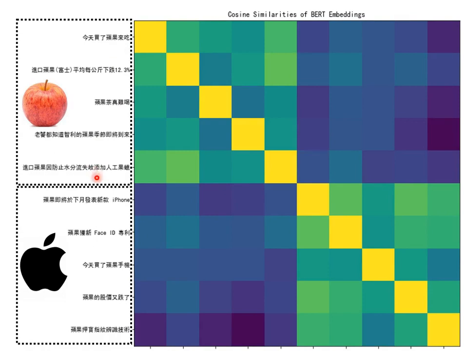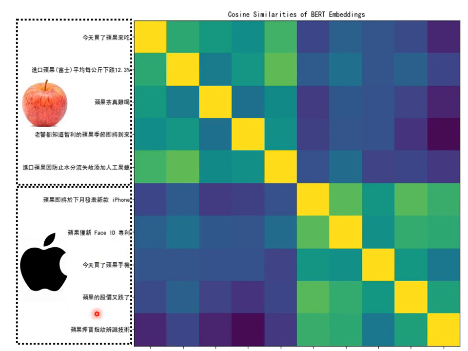The fifth sentence is, something about imported apple. These 5 sentences have the word apple. The next 5 sentences also have the word apple, but all of them refer to Apple Incorporation. For example, Apple is about to announce a new iPhone next month. Apple obtains new patent. I bought an Apple phone today. Apple shares have fallen. Apple bet on fingerprint recognition technology.